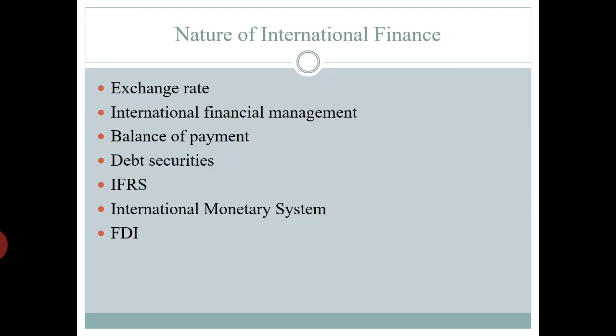See, first one is exchange rate. What is exchange rate all about? Exchange rate is a rate at which you exchange the currency. For example, let's revise the example which we have discussed right now.